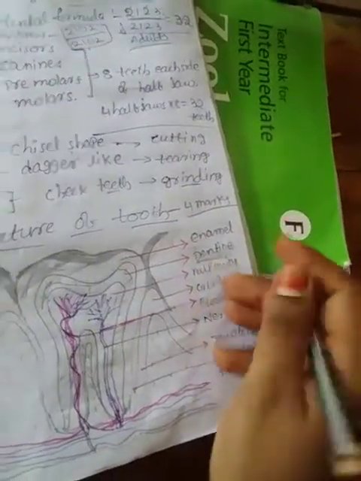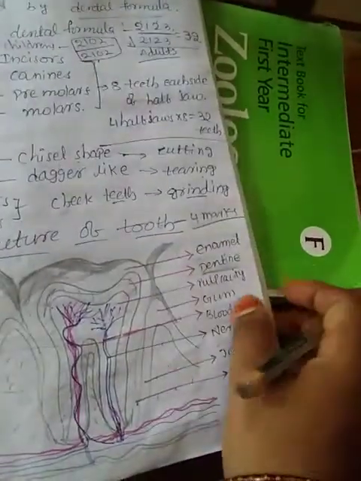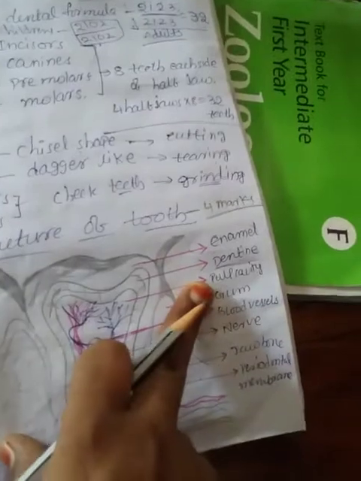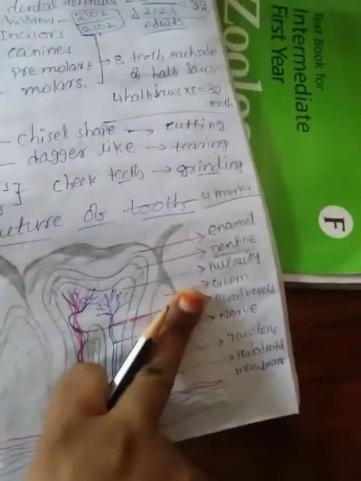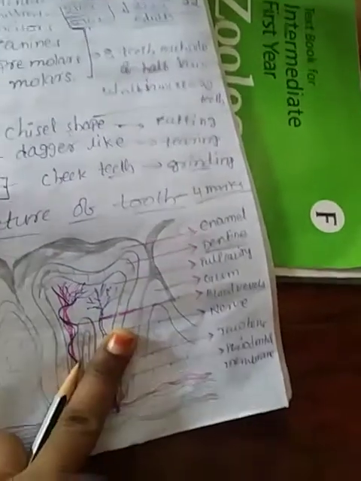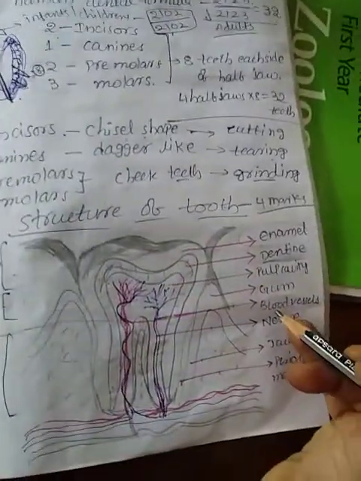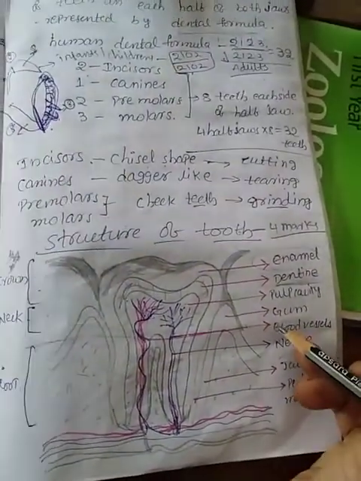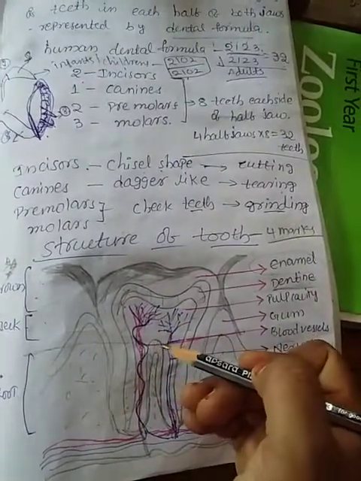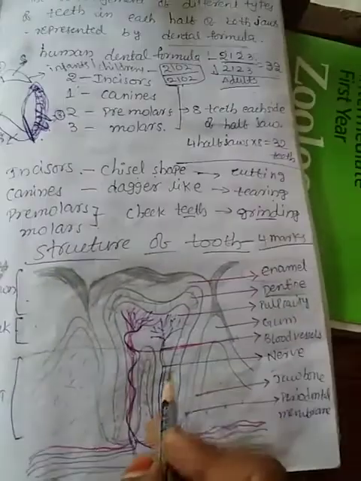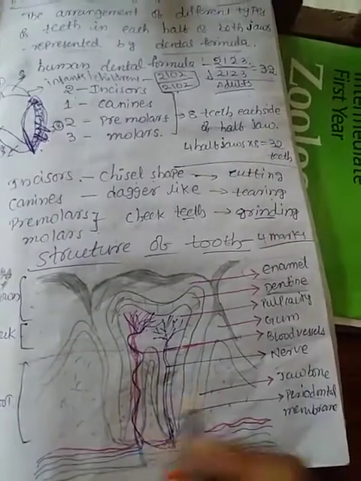Dentin originates from odontoblast cells. Tooth has a pulp cavity, filled with pulp. The pulp cavity also has blood vessels to supply blood to the tooth, and nerves to give nerve impulses to the tooth.